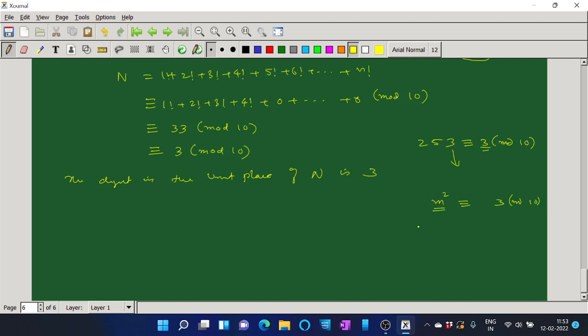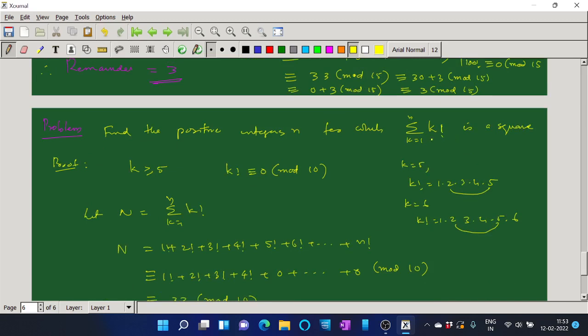What are the integers like 0, 1, 2, 3, etc., 9, whose squares are congruent to 3 mod 10? Because we are expecting, for what value of n, this sigma k factorial, k equal to 1 to n, is a square. That is, this n is a square.